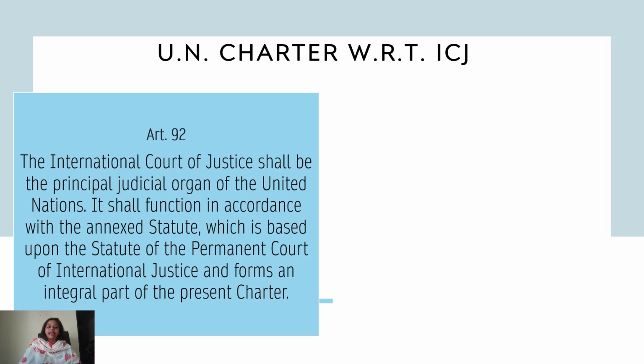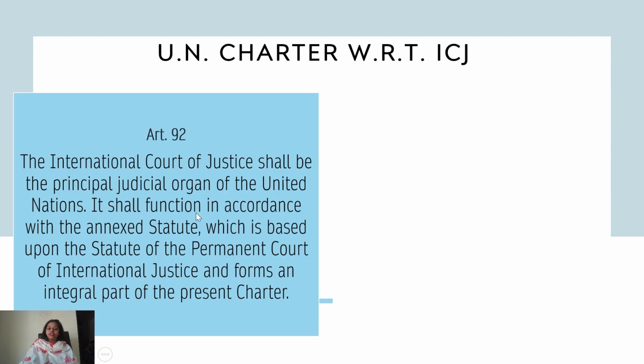So, besides Article 7 that talked about the 6 principal organs of the United Nations, Article 92 is the one that specifically mentions the ICJ to be the principal judicial organ of the United Nations.